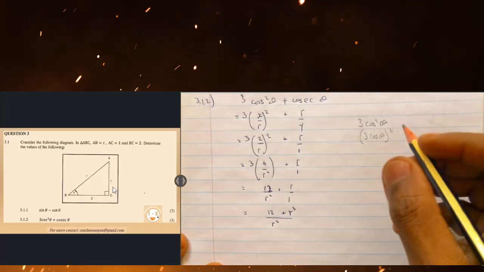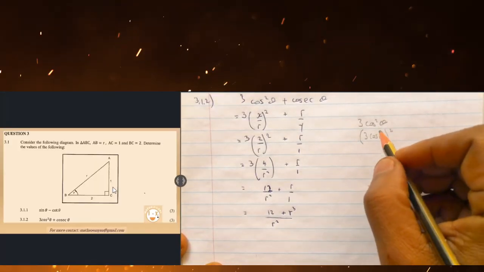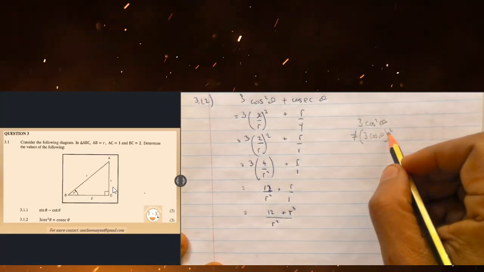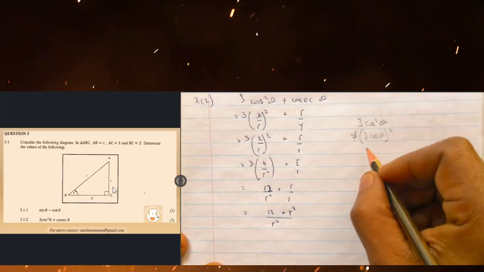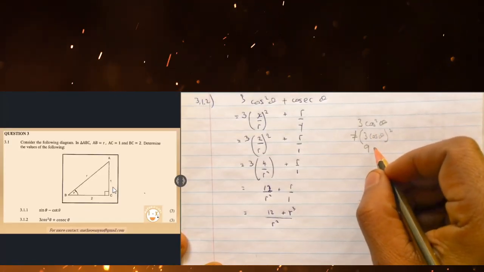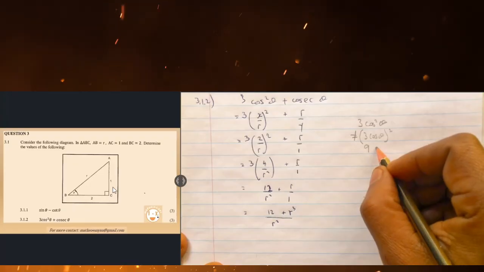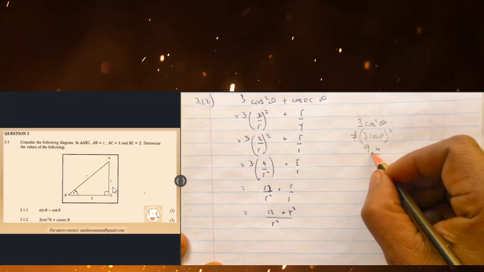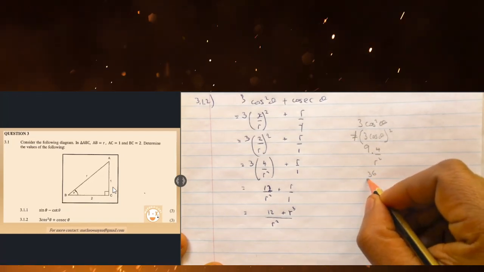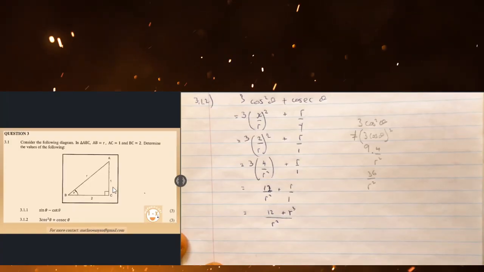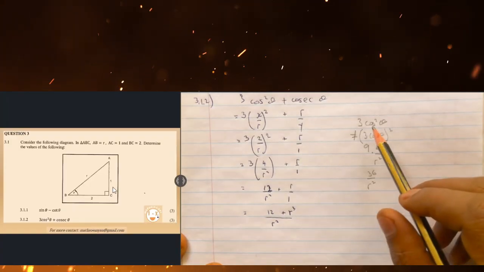All right, and it's going to be incorrect because this is not equal to that. Because what will happen here? You'll say 3 squared and then you'll have 9. And then whatever you have there, you'll square it. So it means you'll have your 4 over r squared, and then it is going to be 36 over r squared, which is incorrect. All right, so just be mindful of that. It is only here.